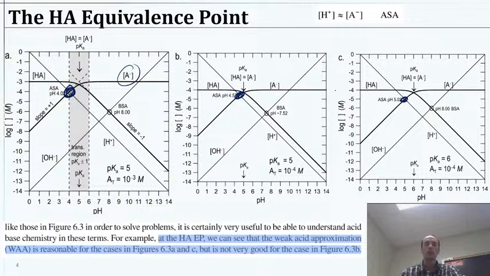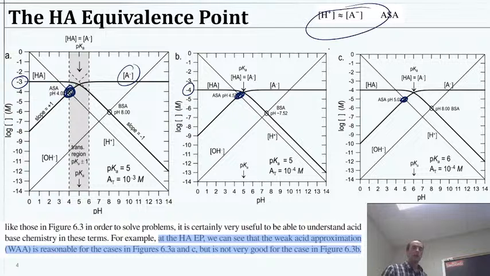And these graphs are showing different starting concentrations and different pKa's. So A and B have the same pKa, but different starting concentrations, 10 to the minus third or 10 to the minus fourth. And this one has a pKa that's shifted a bit. So what we can notice is these factors will move the equivalence point a bit, and in some cases might call into question whether or not we can make this simplification.